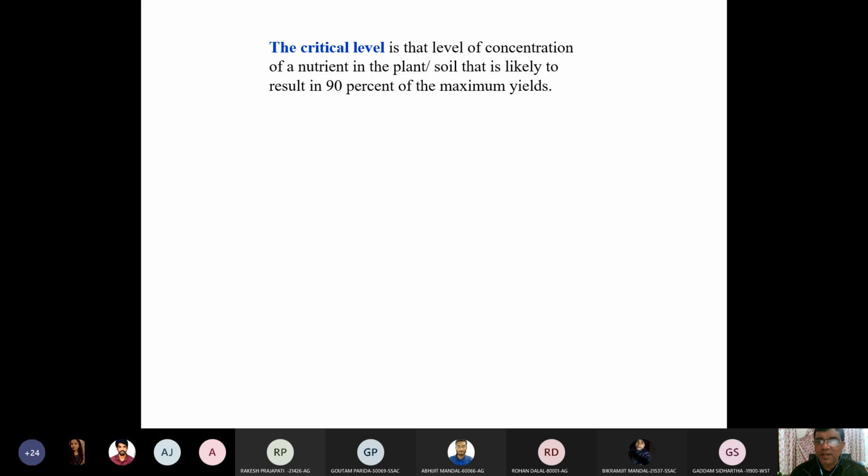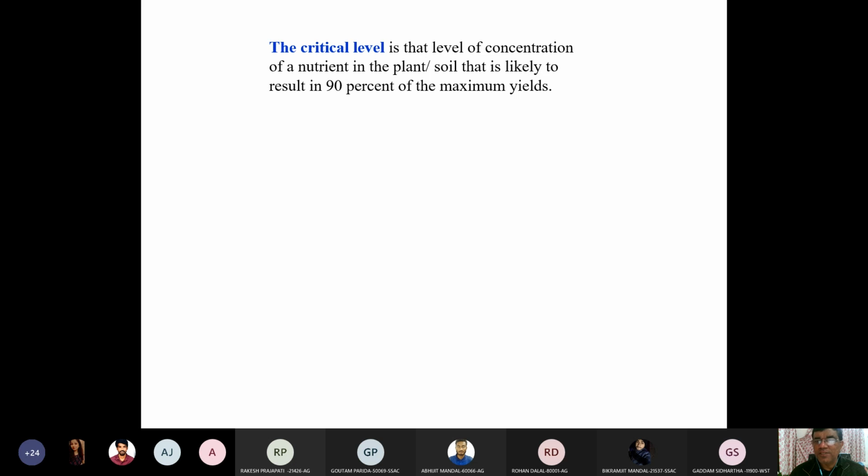Critical level means the level of the nutrient in the plant or in the soil where you get 10% reduction in the yield or growth. That is your critical level for deficiency and critical level for toxicity. It can happen both ways. Sometimes your nutrient concentration is very high and it is affecting the growth of the plant.